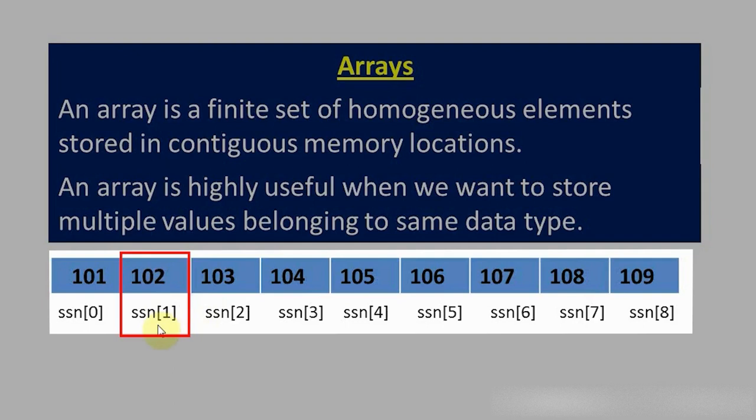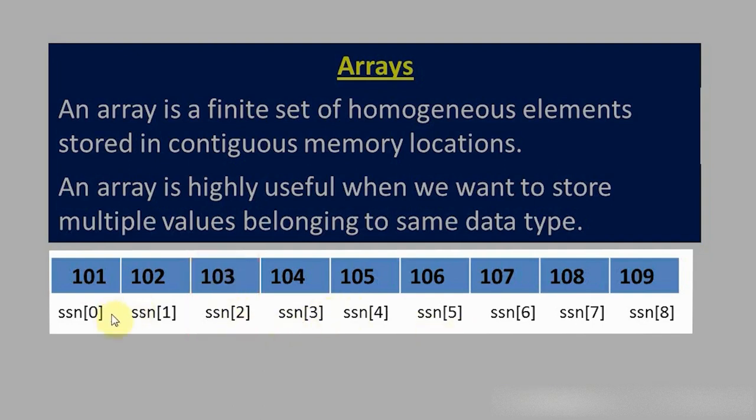SSN1. 1 is written within the square brackets. Now all these 0, 1, 2, 3, 4, these are called subscripts, right? So this is my first element, the element name is SSN0, value is 101. This is the second element, the name is SSN1, value is 102. This is the third element, the name of the element is SSN2 and the value is 103, and so on.